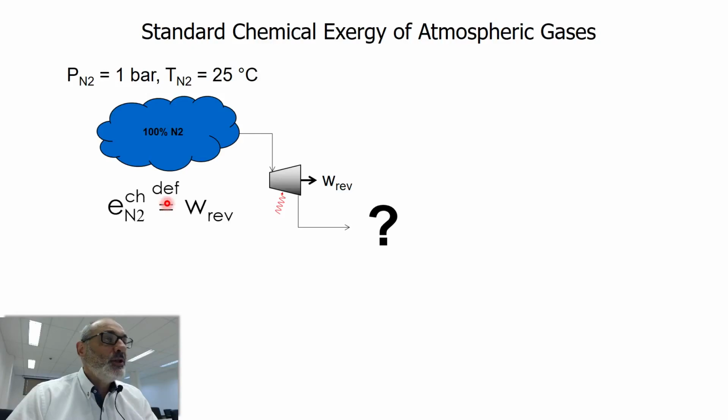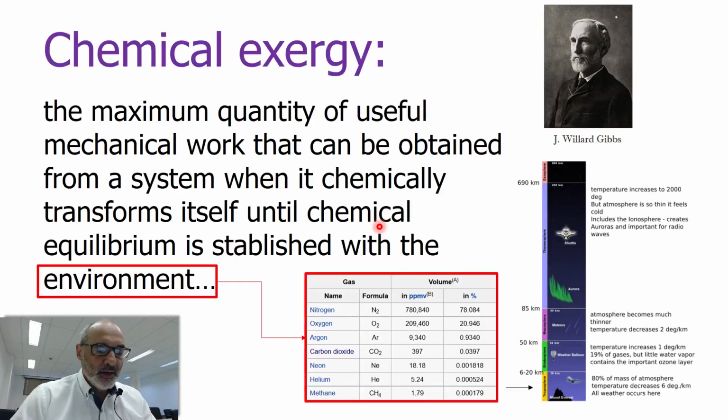So, by definition, exergy is the maximum amount of work, so reversible work, that I can obtain from the substance. Okay. So, what can I do? I know that if I have N2 at 1 bar, and if I release it to the environment, the concentration of N2 in the atmosphere is 78%.